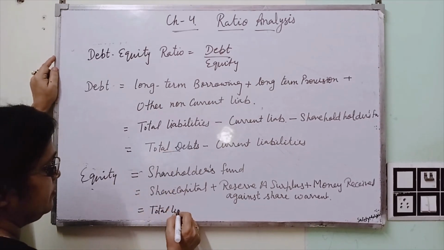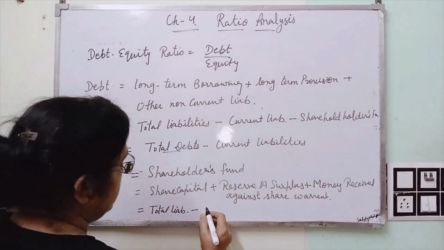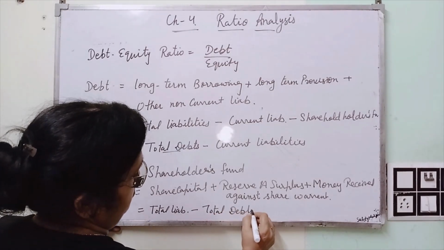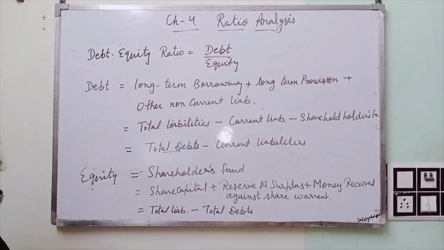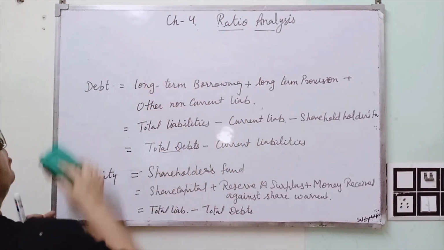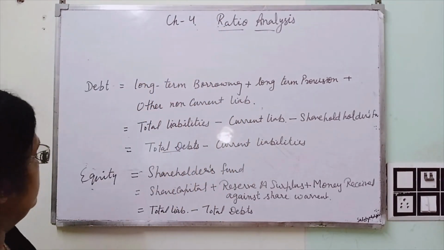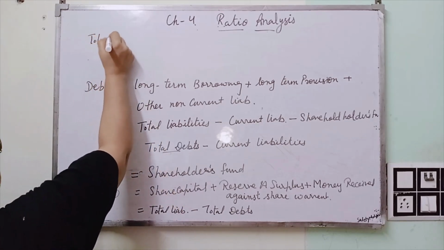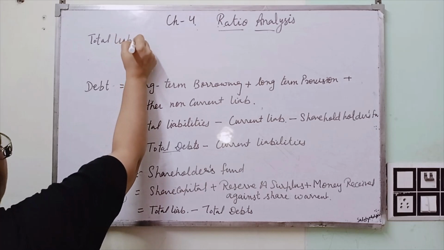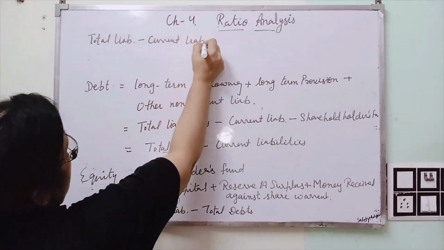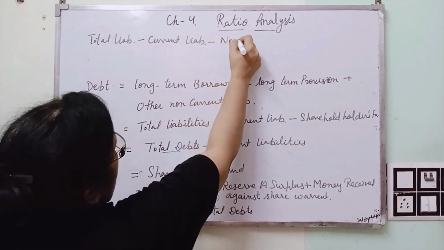Total liabilities minus total debts, or we can say total liabilities minus current liabilities minus non-current liabilities.